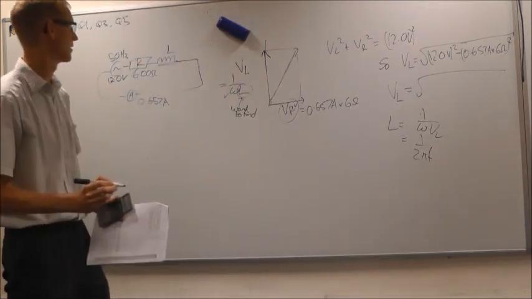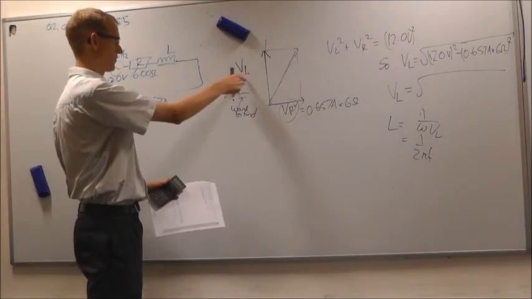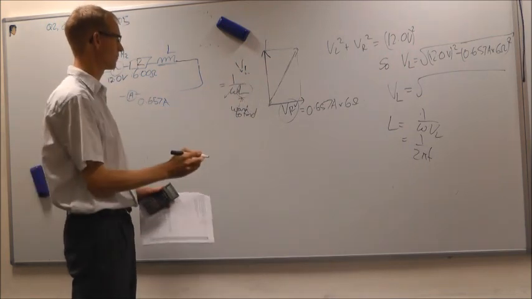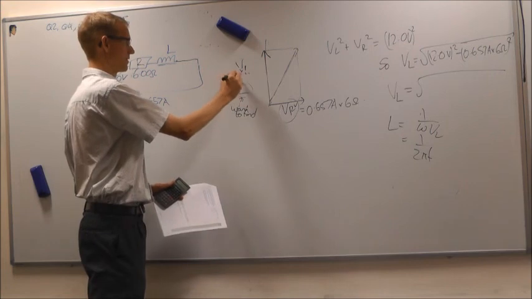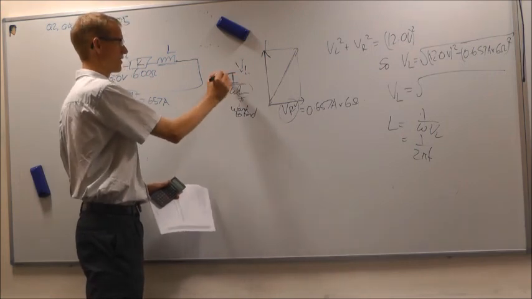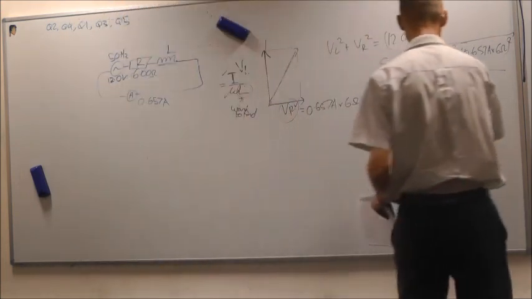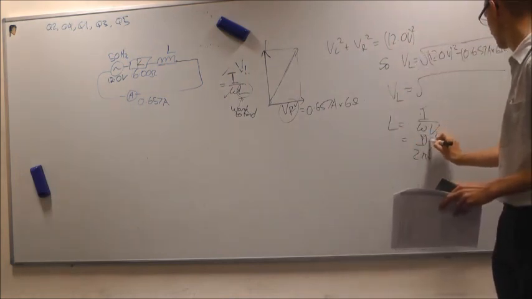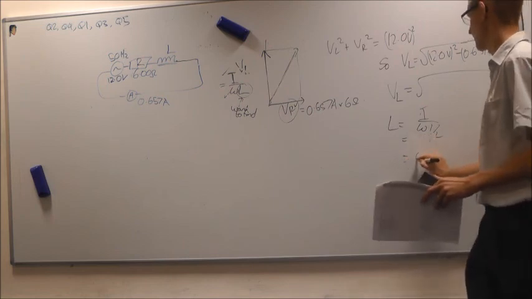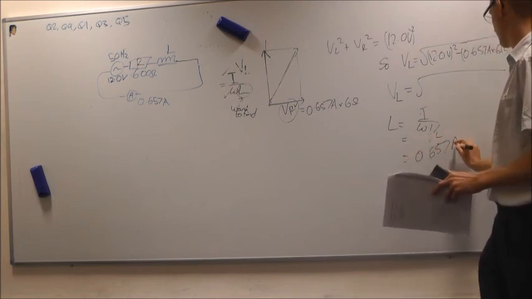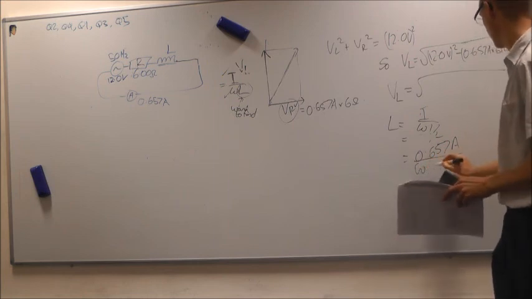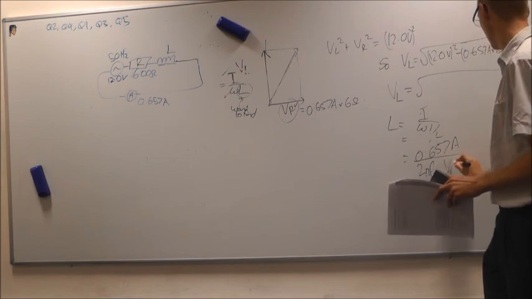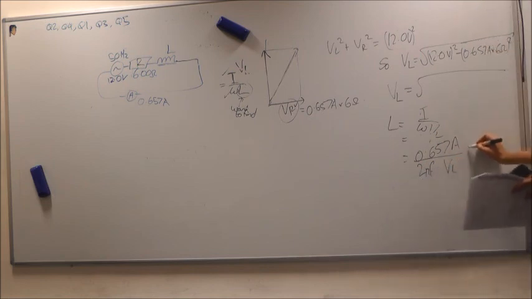Right. Now, omega L is VL over I. So VL is I, which we know, so it's I over that. So L equals VL over I, which is 0.657 amps over omega times, so 2 pi f times VL. And that will work.